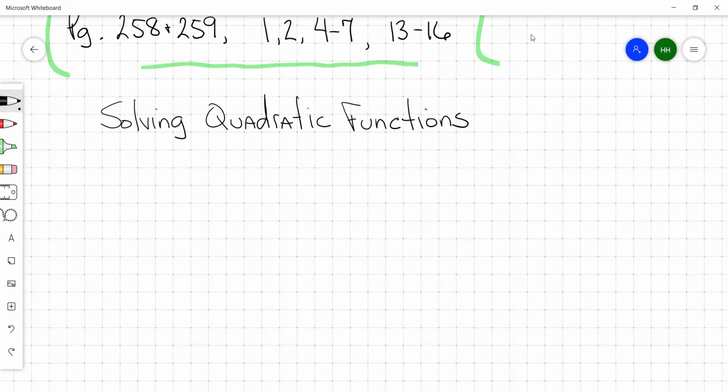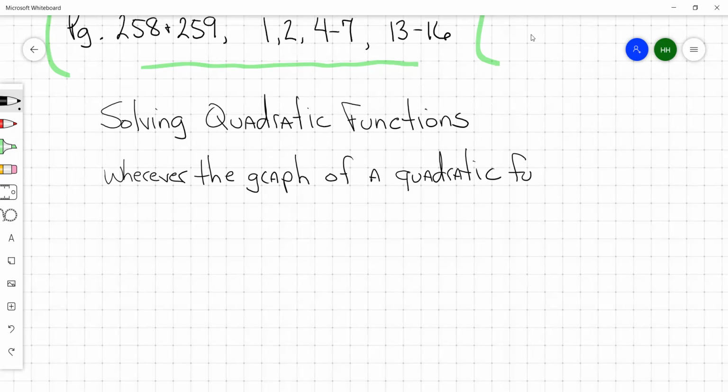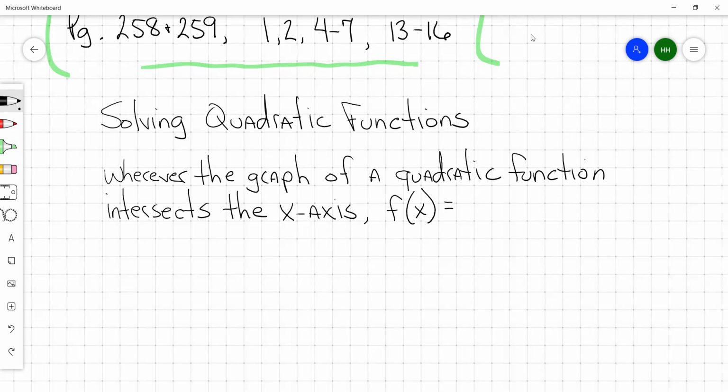All right, we're going to say here that wherever the graph of a quadratic function intersects the x-axis, the function of x is equal to 0.